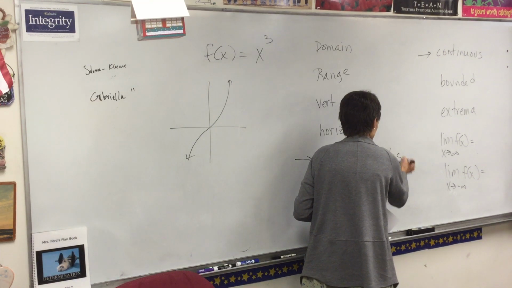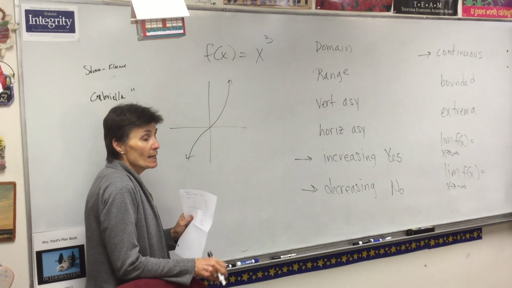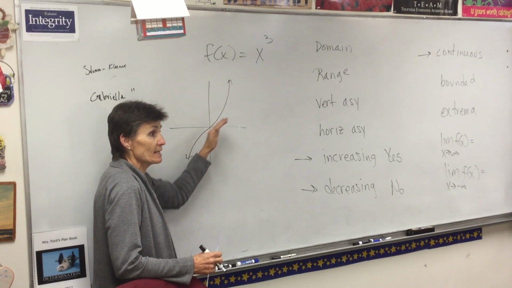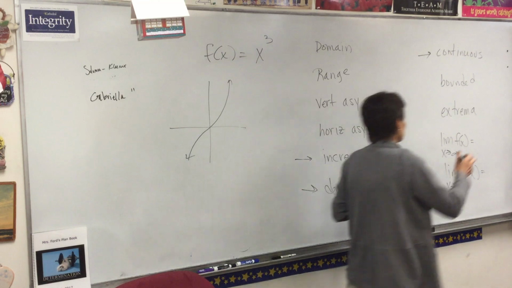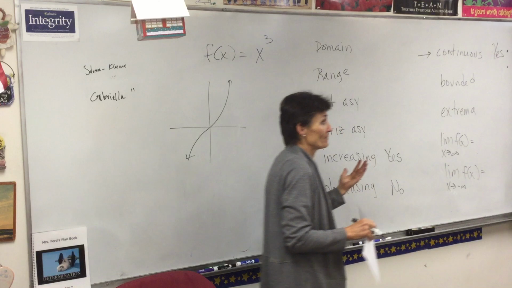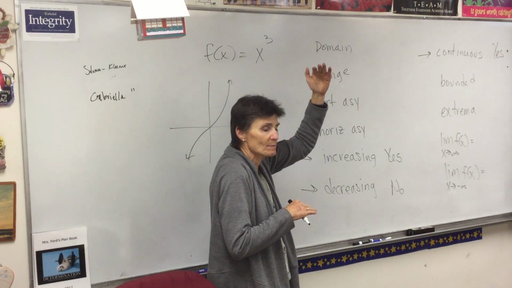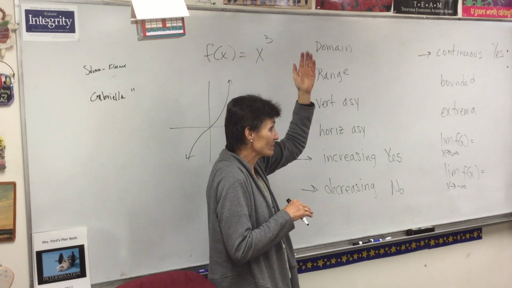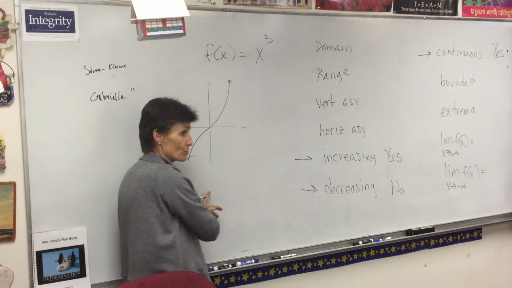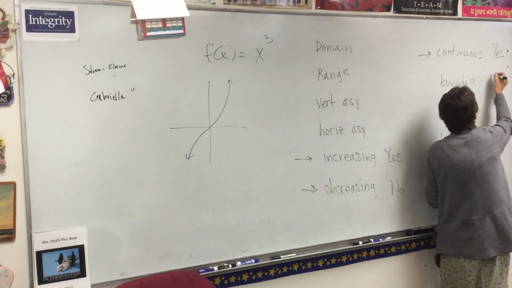So it's increasing, yes, decreasing, no. Continuous, when I draw this, are there any skips or breaks in it? No, so it is continuous. Now, bounded is also pretty obvious. Bounded means there's a ceiling or a floor. There's a top or a bottom to the picture. Does this picture have a top? Does it have a bottom? No. The arrows are kind of clues, right? That it's going forever and ever. So bounded, no.